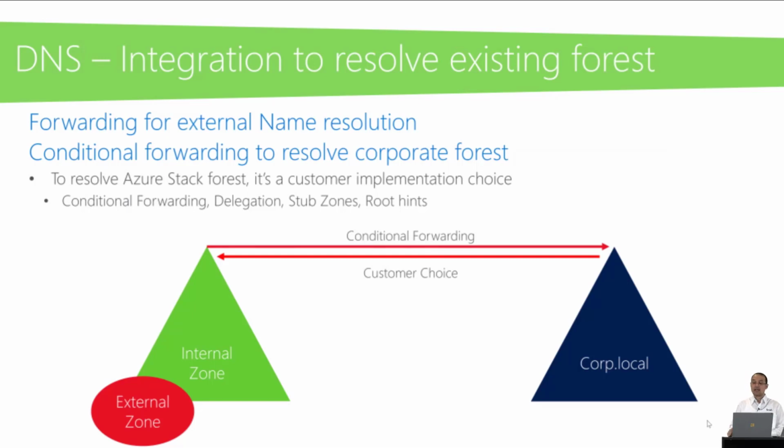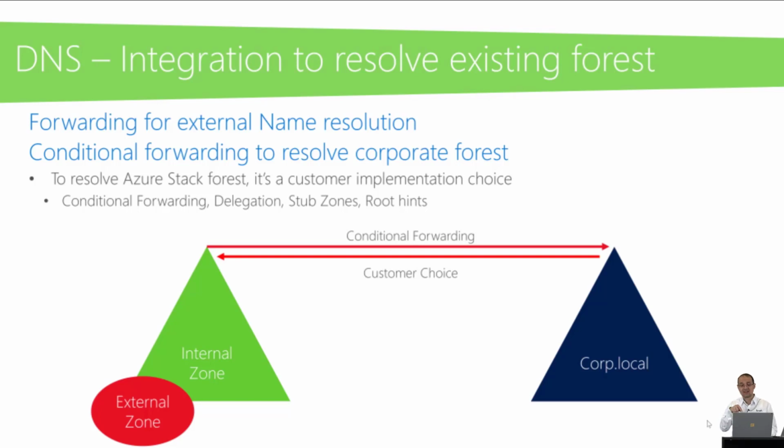Now let's talk about DNS integration. DNS integration is pretty straightforward. You will provide a couple of IP addresses which can do the name resolution for your company. Those will be used and incorporated in your Azure Stack deployment. How it really works is you do conditional forwarding to your internal DNS servers, where they can do name resolution for the zones which they are not authoritative for, like for example Bing.com.